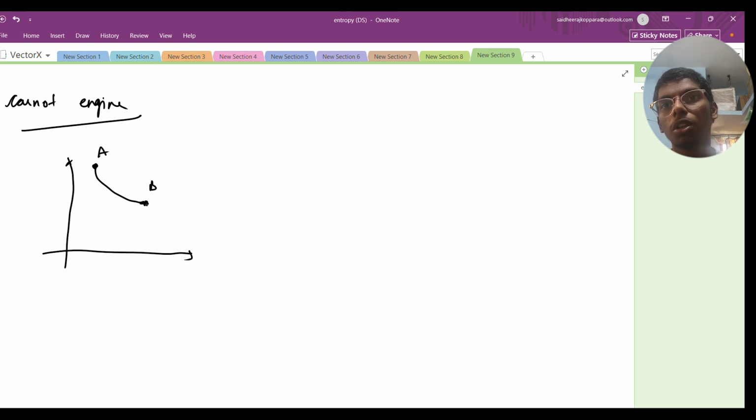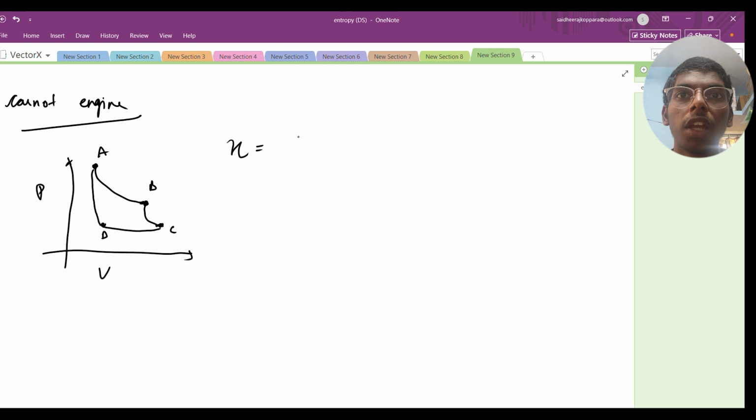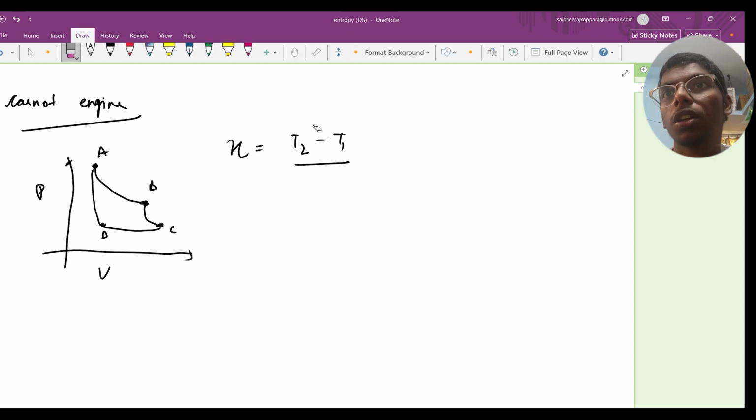If this is your A point, this is your B point, then this is your C point, this is your D point, and he took a cyclic process, and he tried to calculate the efficiency. While calculating it, he got one interesting equation, that is T2 minus T1 by, I think I am wrong, let me check it.